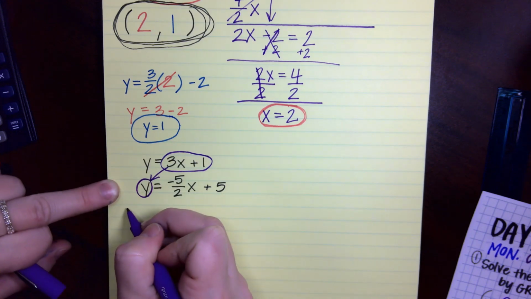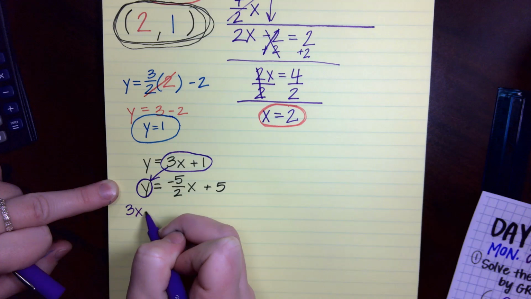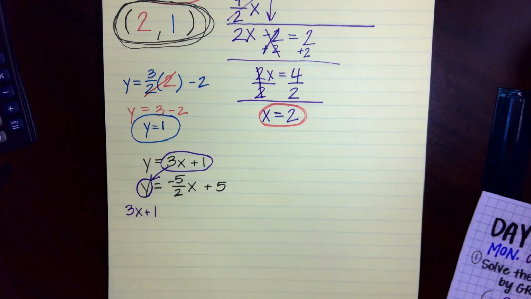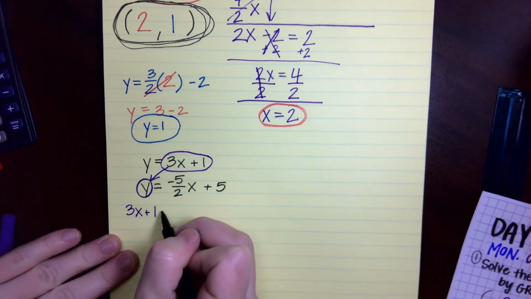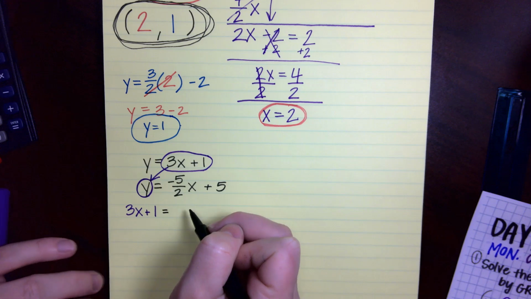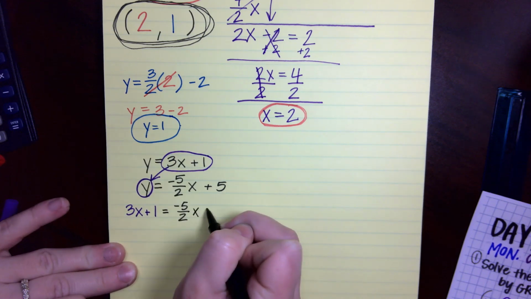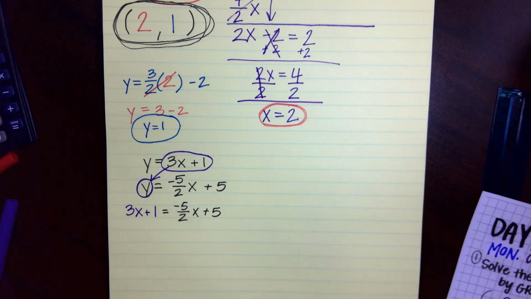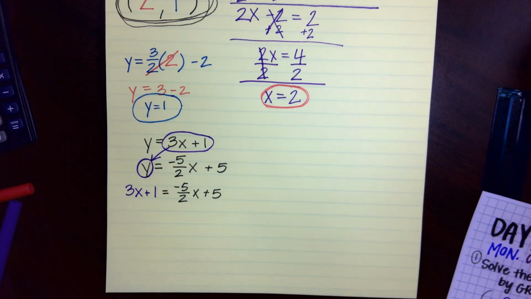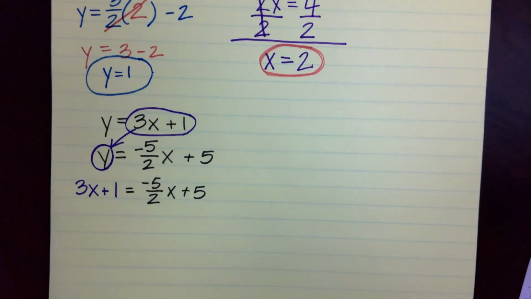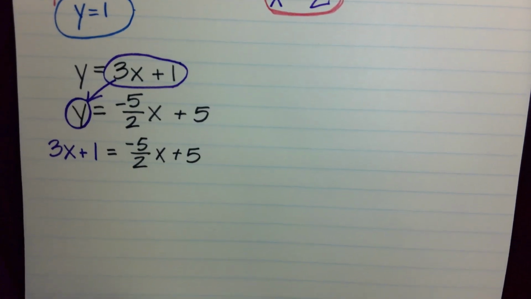which is going to give us 3x plus 1 equals -5/2x plus 5. Okay, what should we do now? Bring the x over.